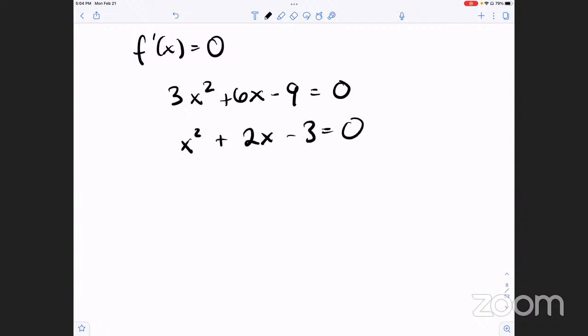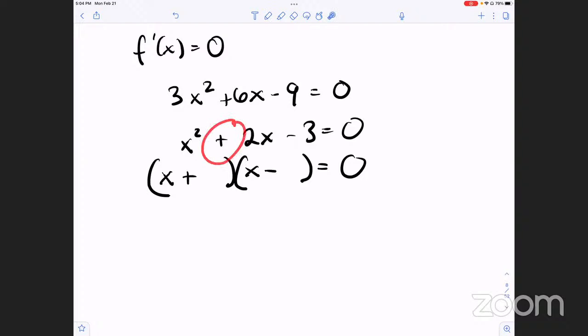We should be able to factor this into a form where we have x and x. This tells us our signs are opposite, so one is positive and one is negative, and the larger is positive. So I think it's 3 and 1. Let's try positive 3 and negative 1. 3 times negative 1 is negative 3.